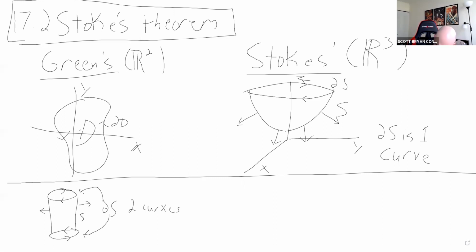So the boundary of S would be two curves here, or you could have three curves or four curves. You can have as many curves as you like, but we can also have surfaces with no boundary, namely closed surfaces. So suppose we have an entire sphere.